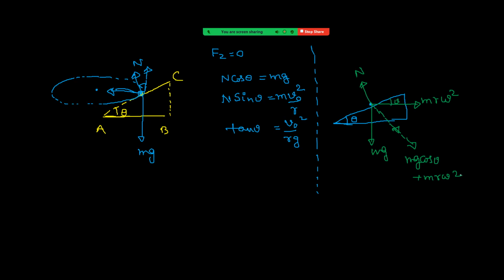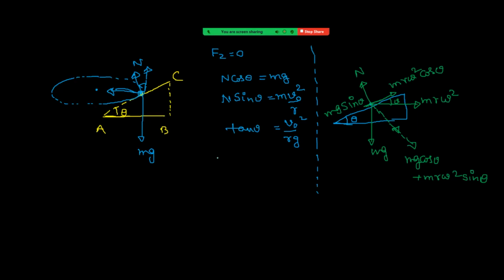This is now m r omega square sin theta. Now take components along the road. Along the road, m r omega square cos theta, and this is mg sin theta.